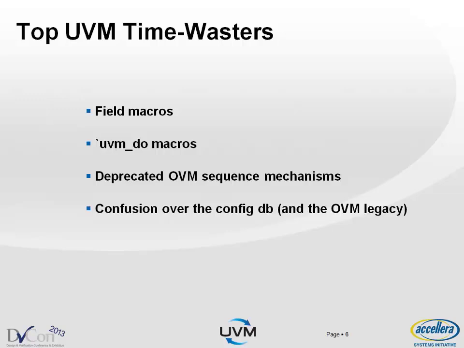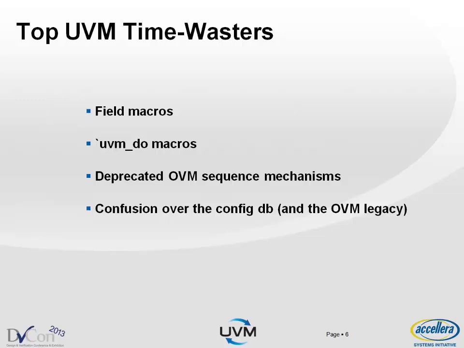Now let's get down to the nitty-gritty. What I'm going to do is identify what I think are the top UVM time wasters. The criterion here is the amount of noise and aggro that I've heard from our users as they start to learn and use and apply UVM.